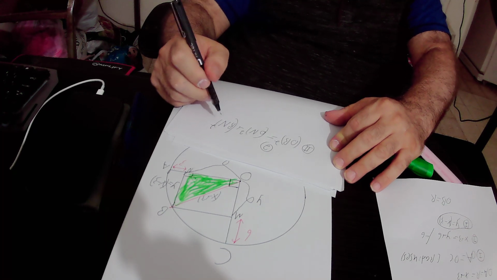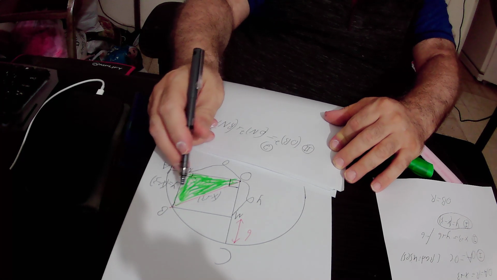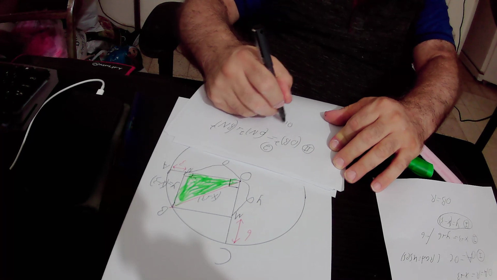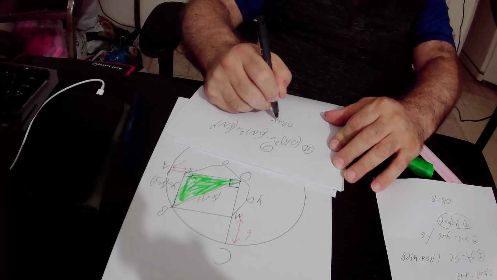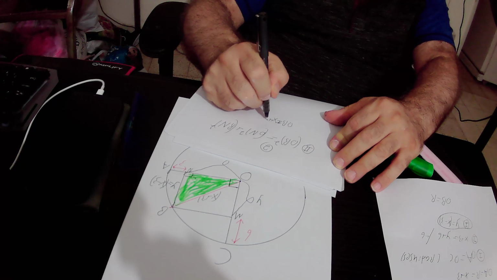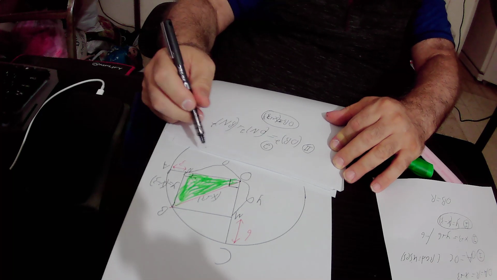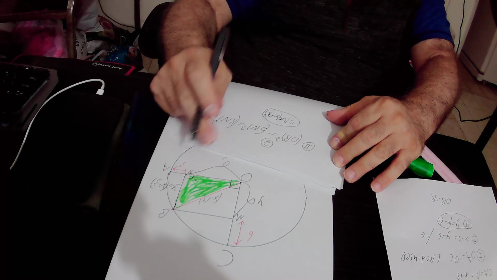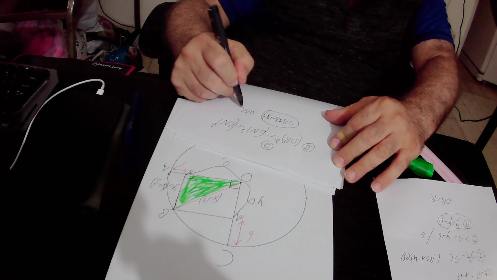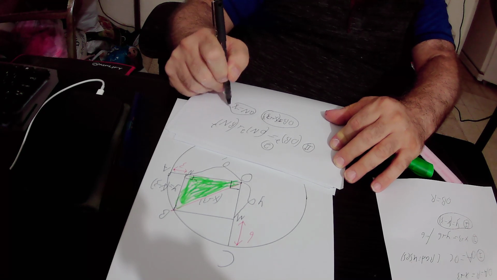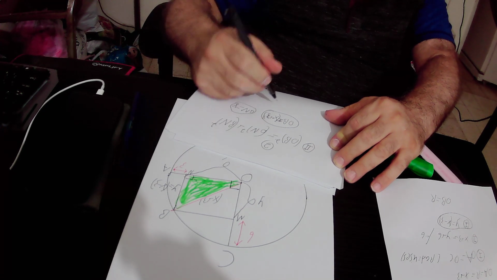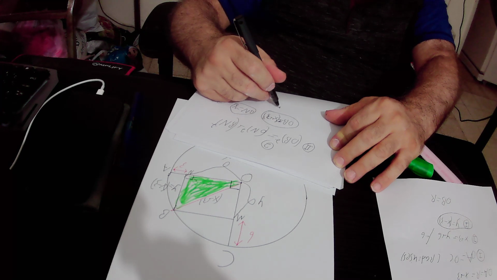Okay? But we know that OB equals x plus 3, ON equals x, and BN equals x minus 3.